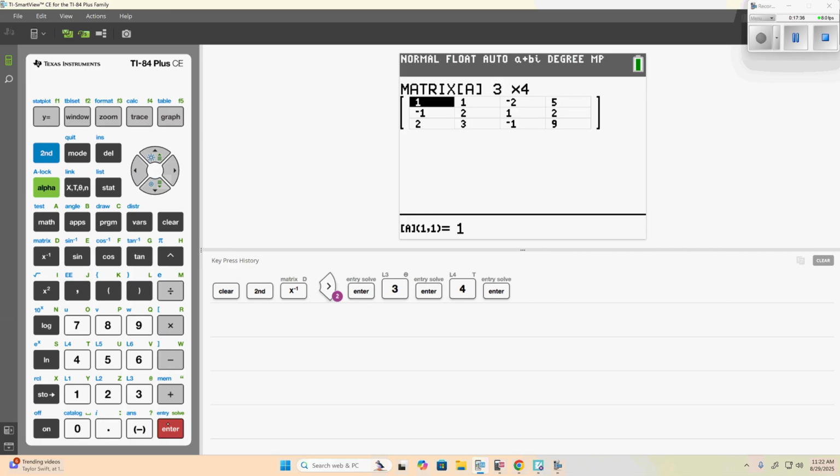So that augmented matrix we wrote out, we're going to put it in. So it was 1, 1, 1, 2 for the top. So we'll type 1, 1, 1, 2. After you type each number in, you can hit enter. It will move it to the next spot.